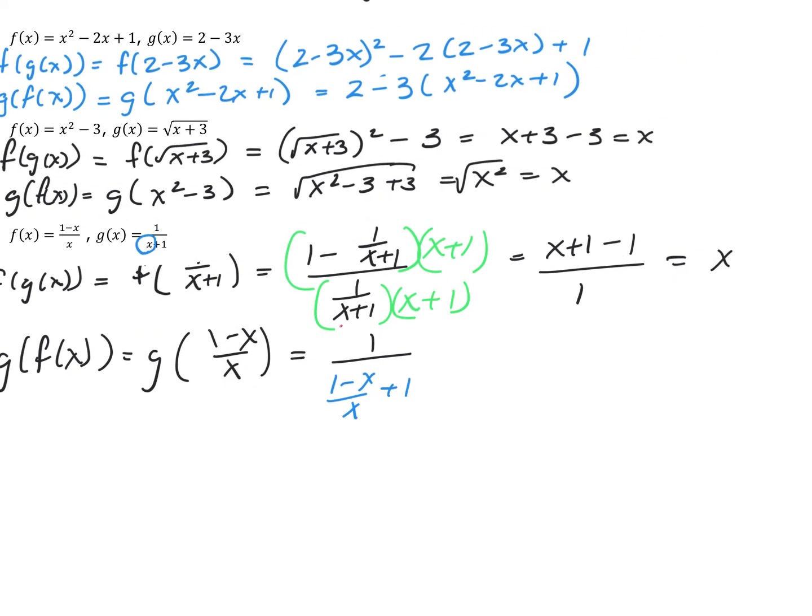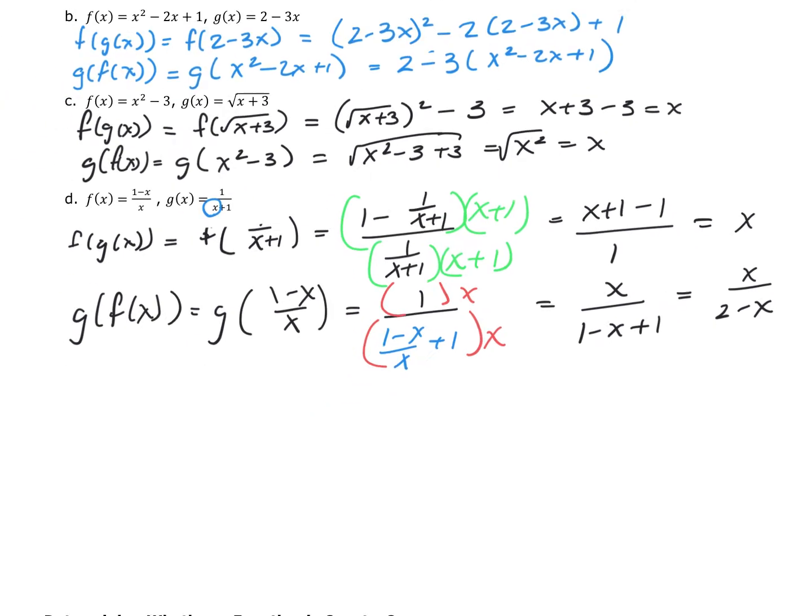I'm going to multiply the numerator by X and the denominator by X. That'll clear my nested or complex fraction. This gives me X in the numerator, and in the denominator, I'm going to get 1 minus X plus 1, which gives me X over 2 minus X. Nice and easy, just a refresher of compositions.